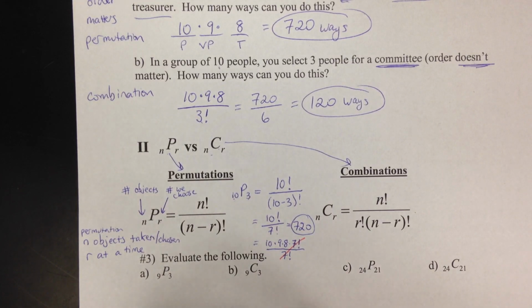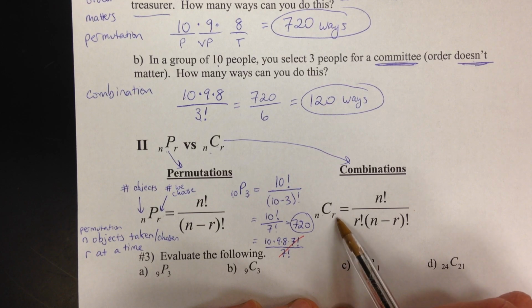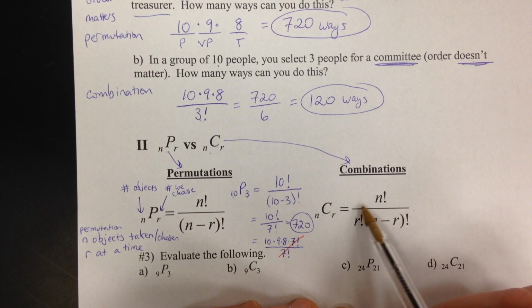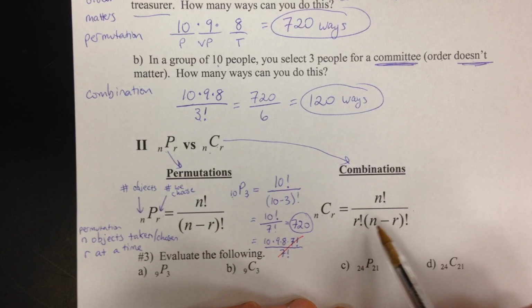Now with a combination, the formula is nCr, so the number of objects taken r at a time. Again, it's n factorial on top, but notice that in the denominator, we have the n minus r factorial, but we also have r factorial.